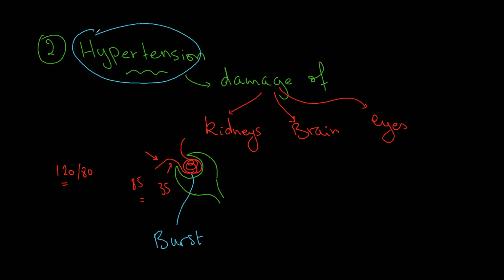If the vessels that feed the kidney itself become narrowed with the plaques, this is going to decrease the amount of blood reaching the kidneys, where the blood is coming with a high pressure, and this will force the protein out through the walls of the capillaries.